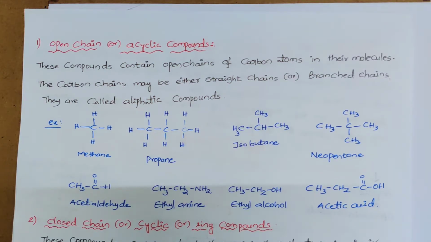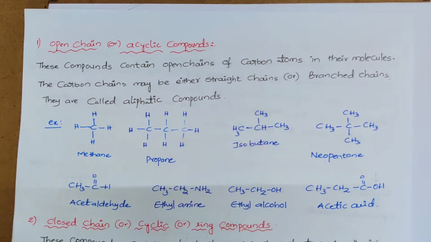Let us see here methane, propane, isobutane. They are not in a cyclic manner. Nowhere is one carbon connected to another carbon like that. It will extend to form straight chains or branched chains. So this type of compounds are also called aliphatic compounds. This is about the open chain compounds.